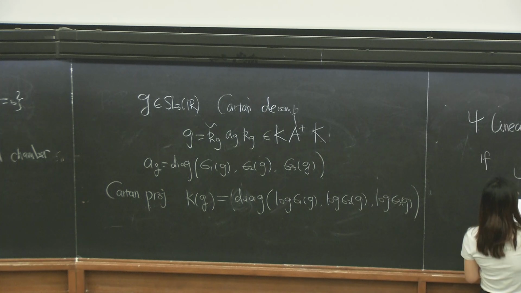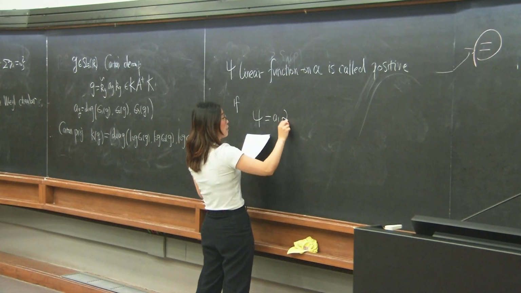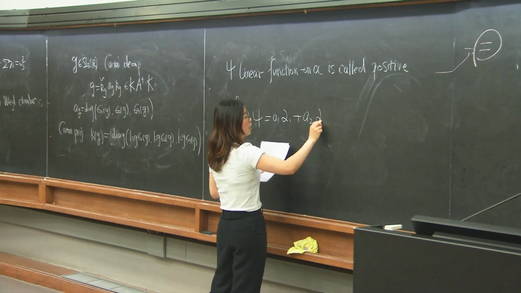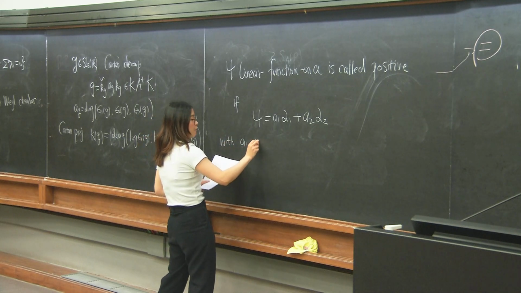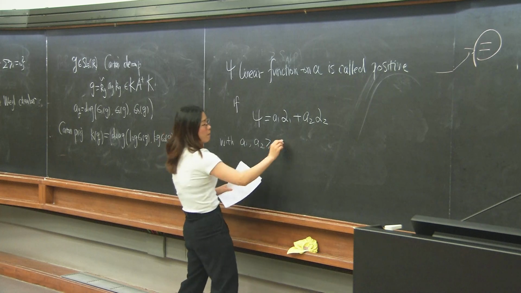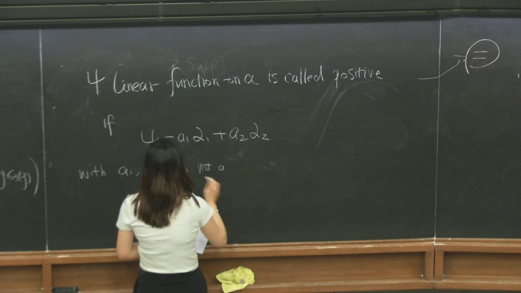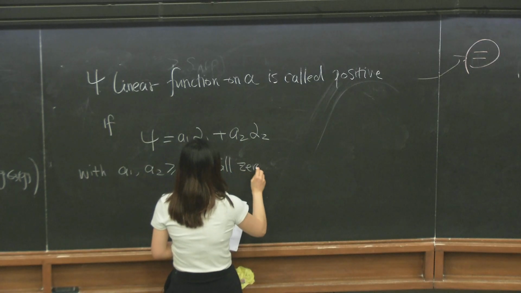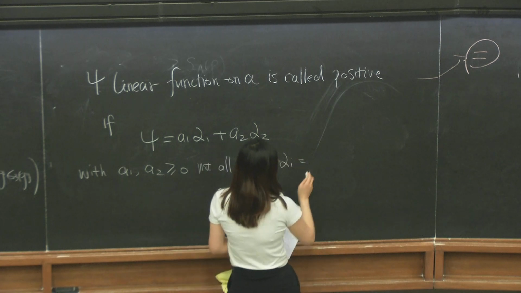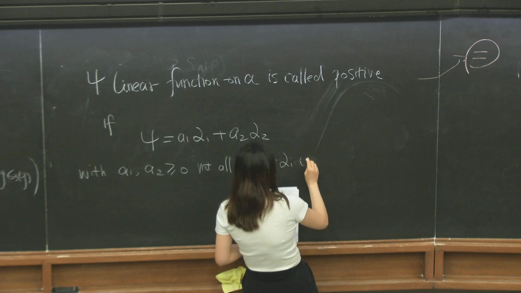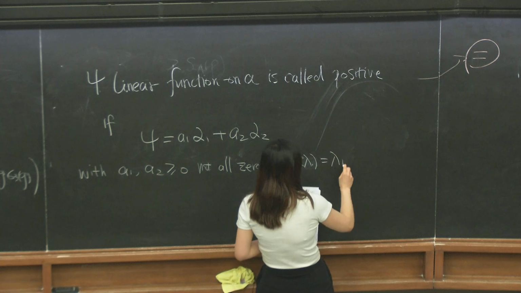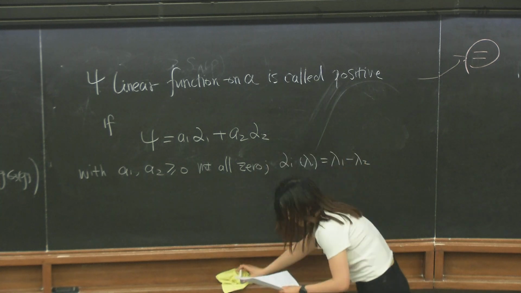So psi is a1 alpha 1 plus a2 alpha 2, with a1, a2 greater or equal than 0, but not both 0. And this alpha i is the simple root, which is, when I input a vector lambda, I just read lambda 1 minus lambda 2.